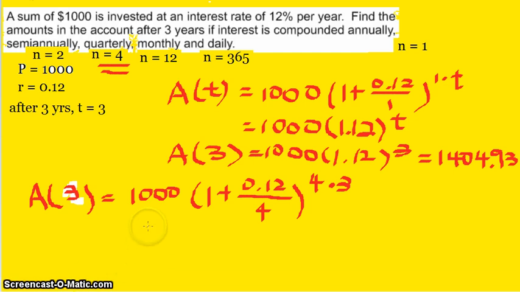And if you put that in the calculator, you will get 1,425.76.